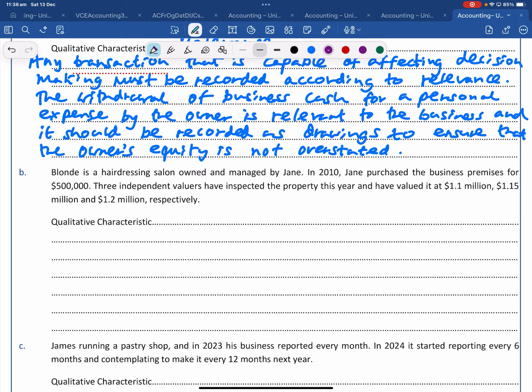The value that they have. How much is the value? 500,000. Why is it 500,000? Because that's what she purchased it for. So as a result, it can be verified. It's the source document. Yes, verified. That's the point, guys.